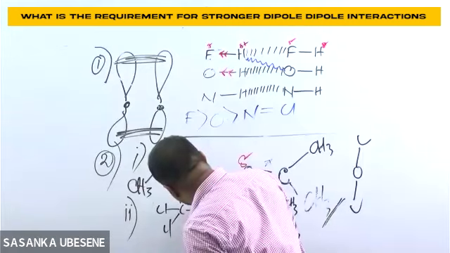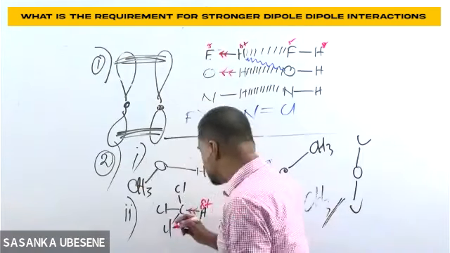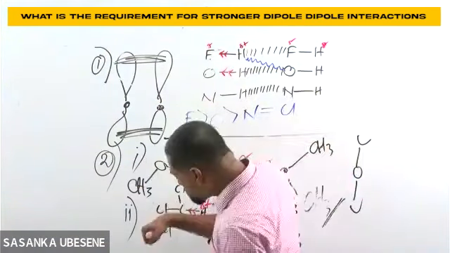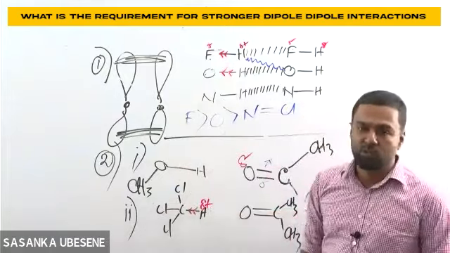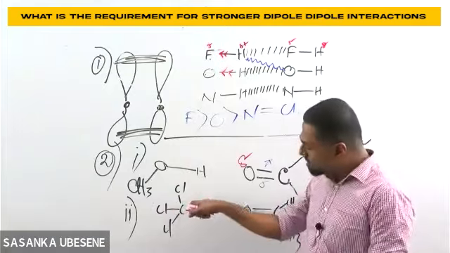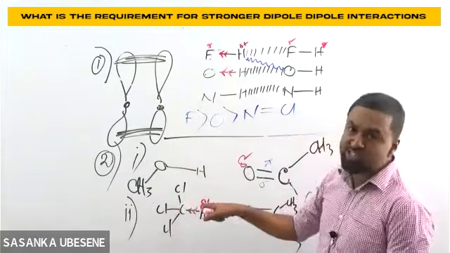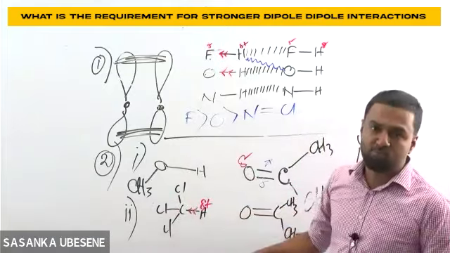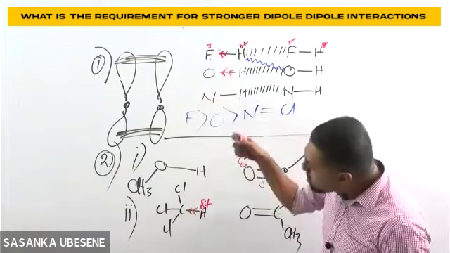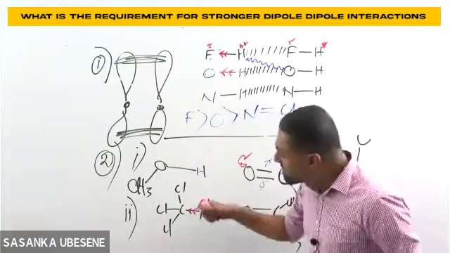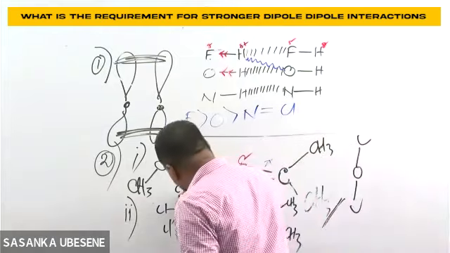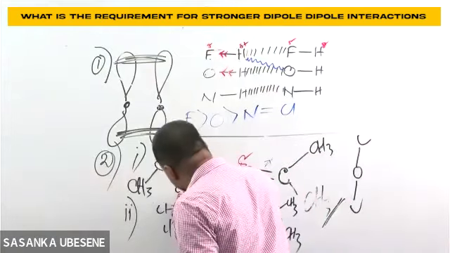Why do you have a greater fractional positive charge? Because carbon strongly attracts electrons from the hydrogen atom. Why does carbon attract electrons in the C-H bond? Because there are three chlorine atoms.